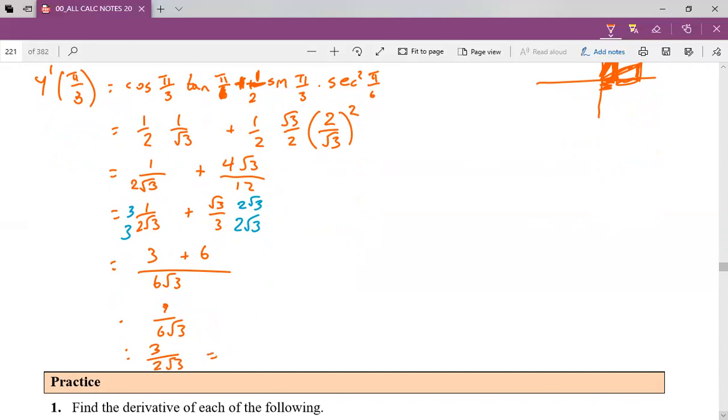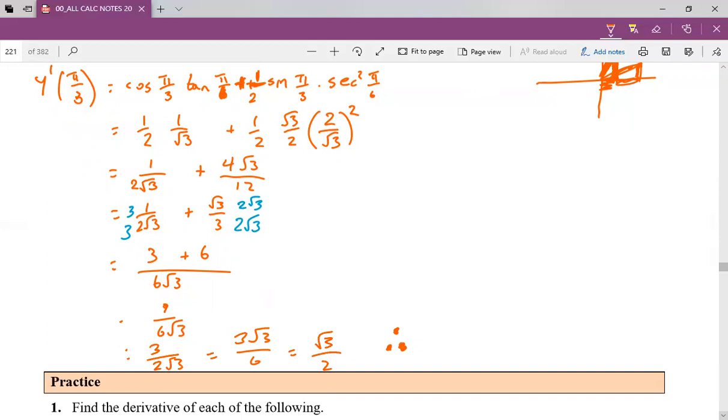And if we're wanting to rationalize that denominator, that's 3 root 3 over 6, or root 3 over 2. Through simplifying, there's different ways of getting there, but hopefully we all got to that as our slope.